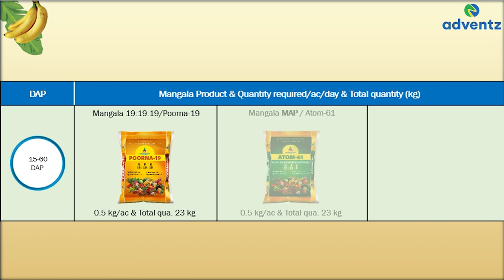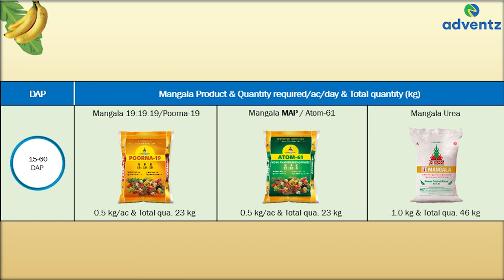Similarly, Mangala MAP or Atom 61 at the rate of 0.5 kgs per acre per day with a total quantity of 23 kgs should be given, and Mangala Urea at the rate of 1 kgs per acre per day should be given, which gives us a total of 46 kgs for the entire duration.